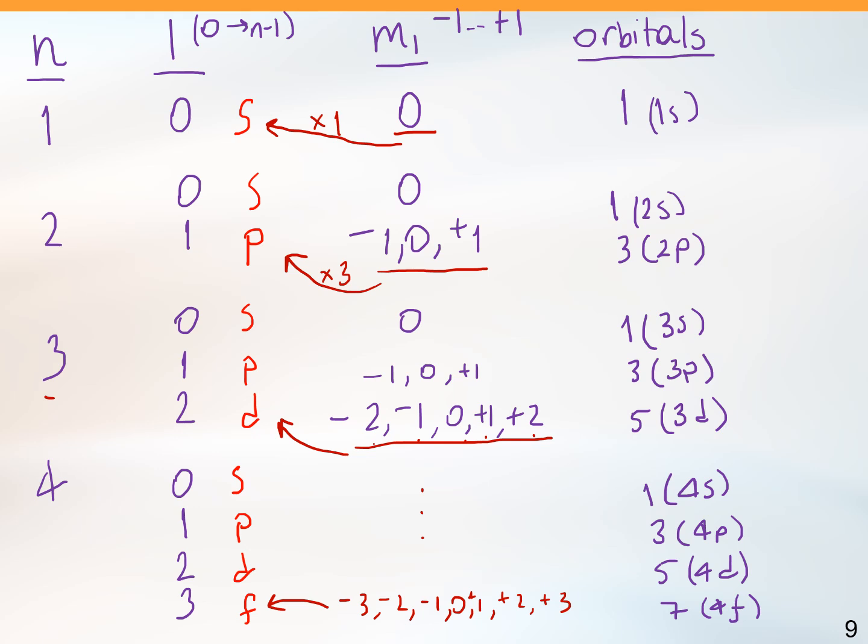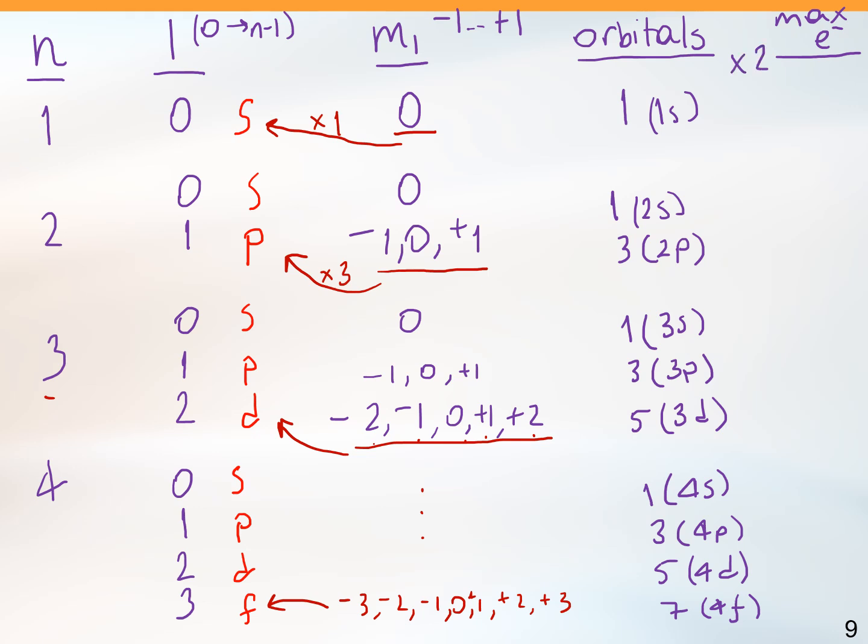And we can take this one step further to write down the maximum electrons each orbital can take. And there's a rule here: 2 electrons max per orbital. That means each orbital can take 2 electrons maximum.